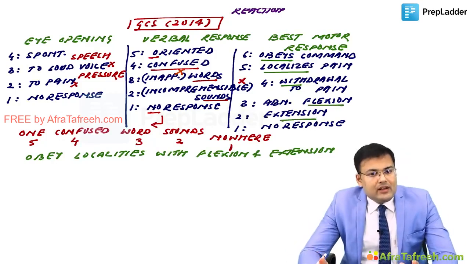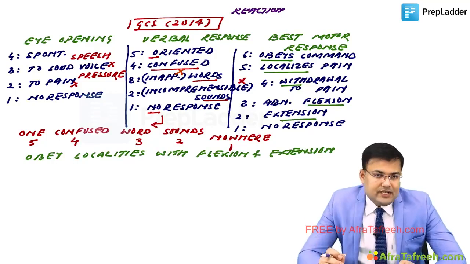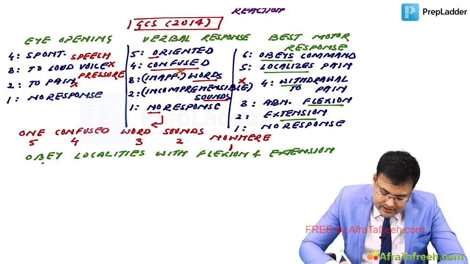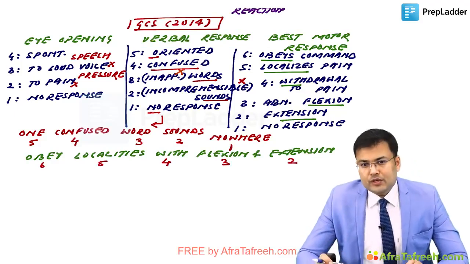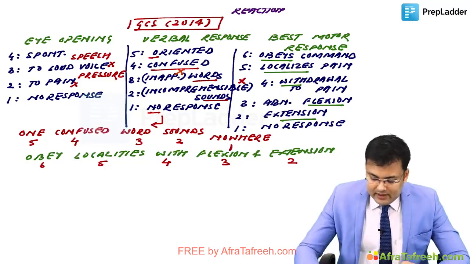So obeys command, localizes pain, withdrawal to pain, abnormal flexion, extension. So here you can see the score: this is 6, this is 5, this is 4, this is 3, this is 2, and 1 is no response. Clear? So this is very easy to remember.